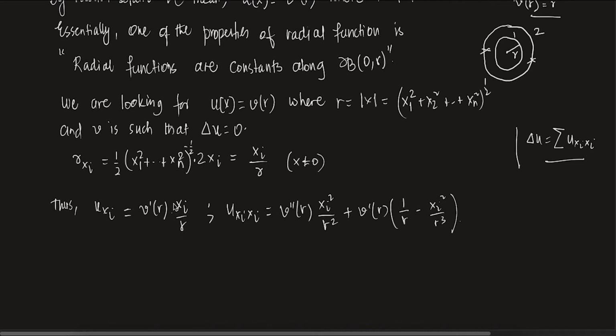You take this particular thing and differentiate it. So first of all, Leibniz rule. I differentiate this thing, leaving this thing aside. When I differentiate this, it is v double prime of r, and then r xi, and then xi by r remains unchanged. R xi is xi by r. So that is why v double prime of r xi square by r square. And again, I leave v prime of r here, and after that, differentiate this thing with respect to xi.